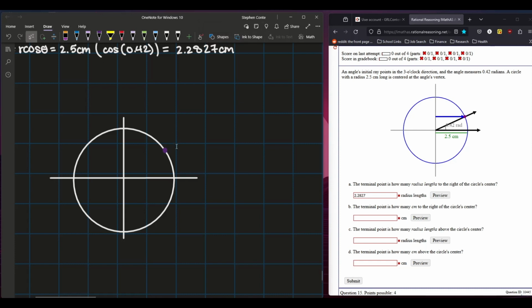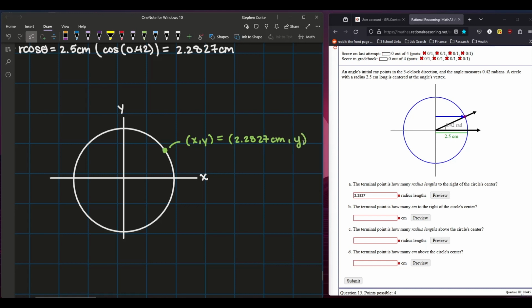I'm saying that if this is the xy plane, maybe I'll do it in green, that x comma y here, the x value I know is 2.2827 centimeters.